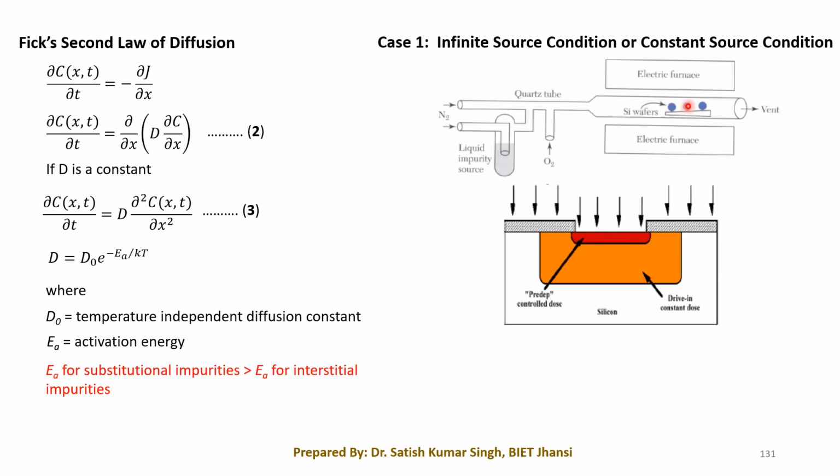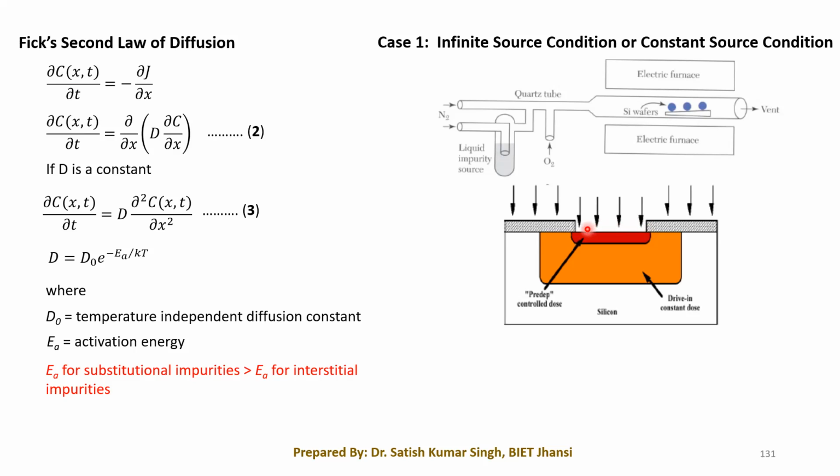These impurities will start diffusing. Because we are maintaining the supply, the concentration of the impurity at the top of this surface never changes. It never goes down.